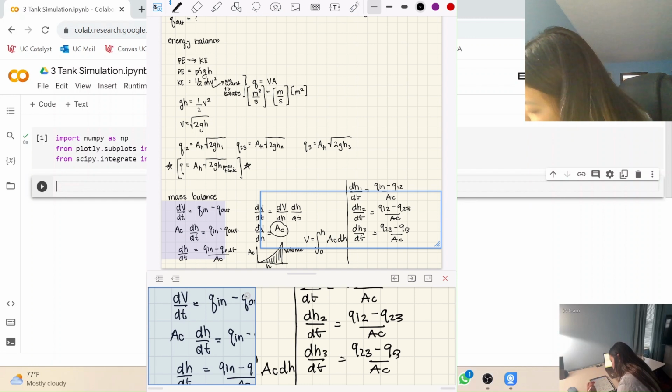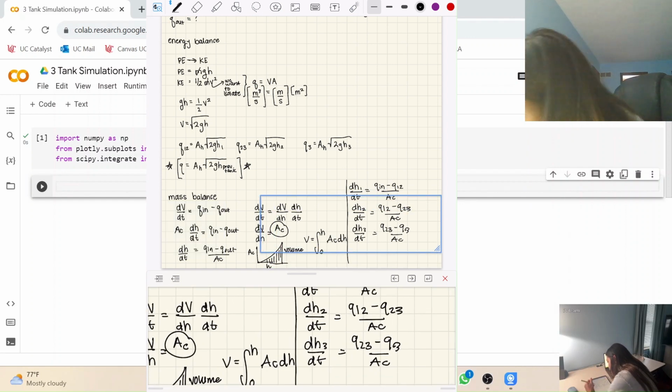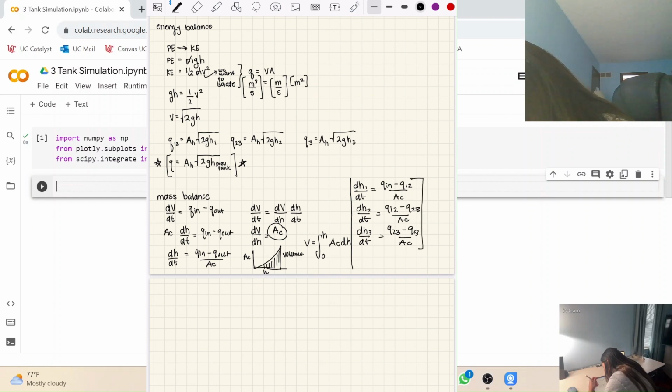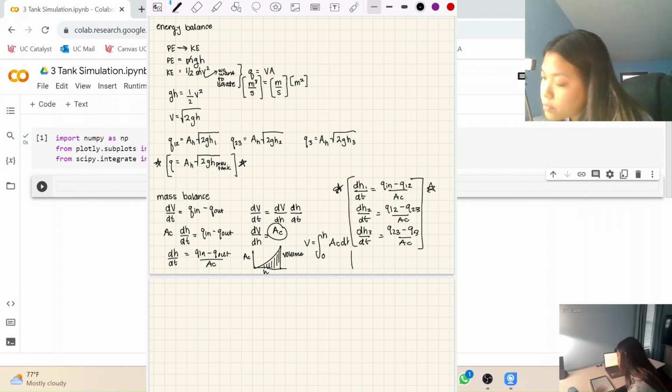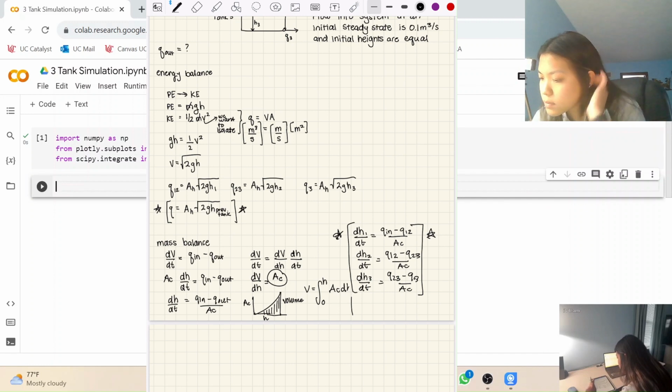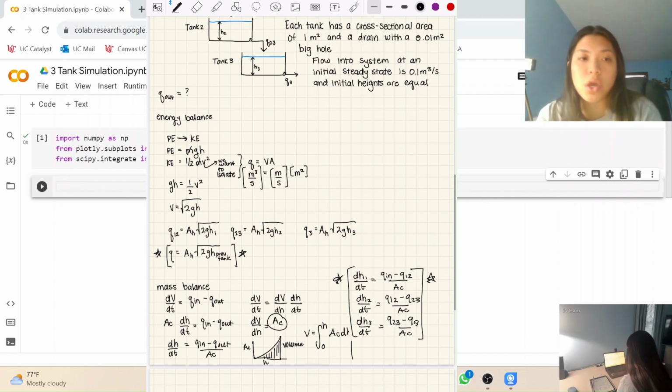So these are the 3 equations, alongside the 3 equations we wrote earlier for the actual flow, which we will plug into the code for these values: flow 1, 2, flow 2, 3, and flow 3. And now that we have our equations, we can head on over to the code.